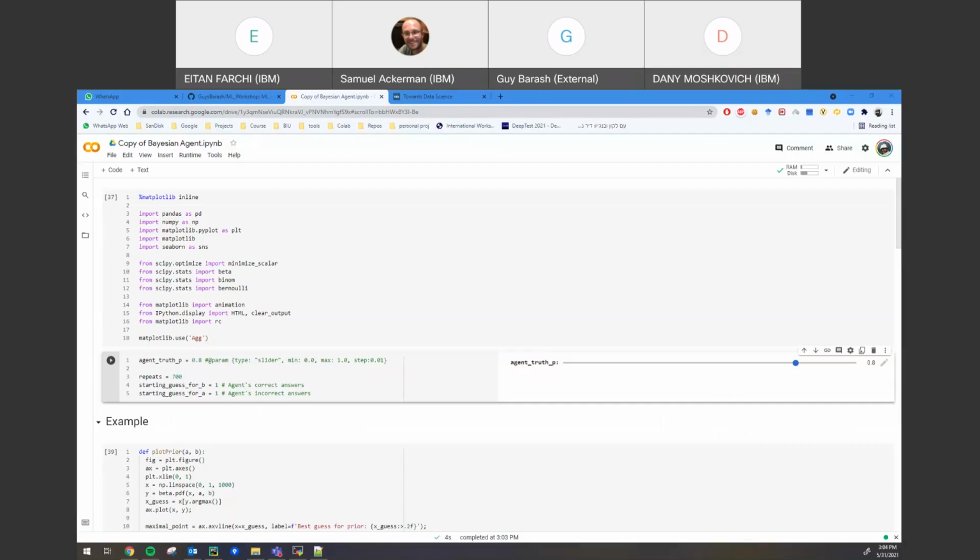One is Guy is going to speak about the conjugate priors, how to use it to sequentially identify change in reliability of agents.